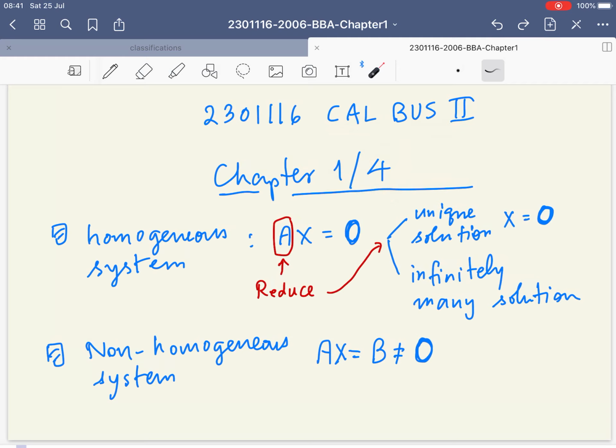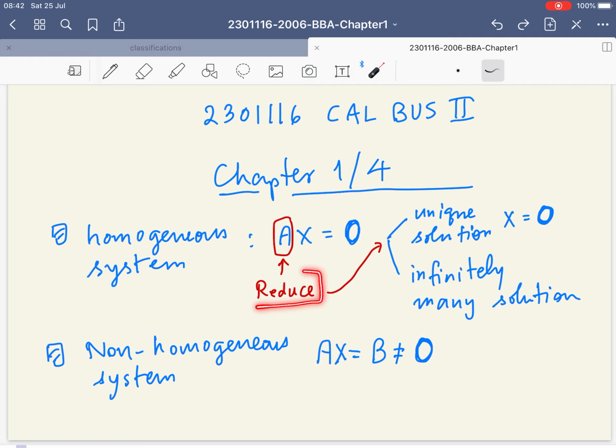Okay, previously what we have learned is about the homogeneous system, which is the matrix A multiplied by a variable matrix X equals the all-zero vector.